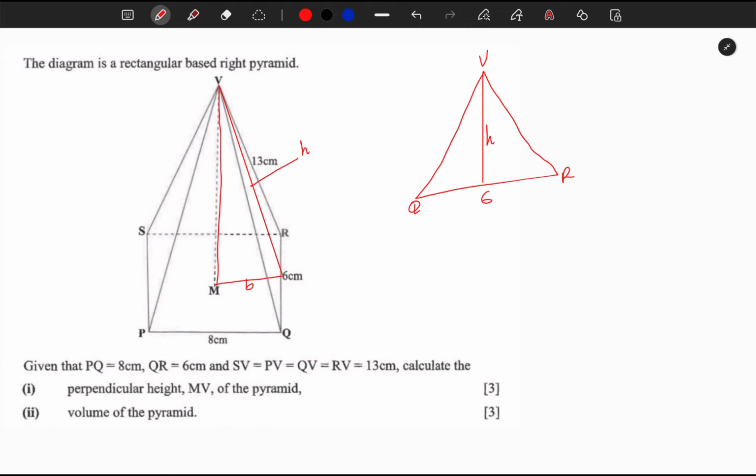And the VR here is 13. I've just picked out one part only, this triangle here.